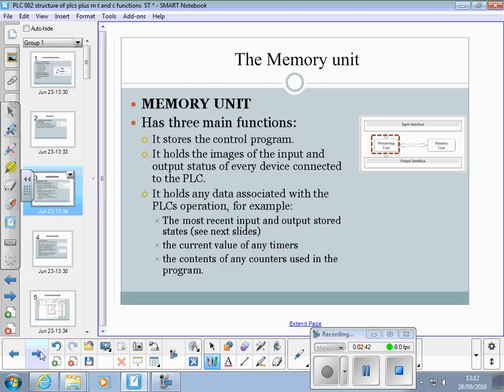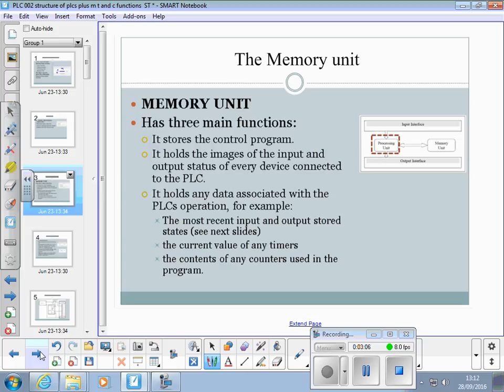The memory unit, 3 main functions: stores the control program that you write, it holds the images of the input and output status, and a little bit more about that later, but it holds what the latest state of all the inputs and the latest state of all the outputs are in memory.